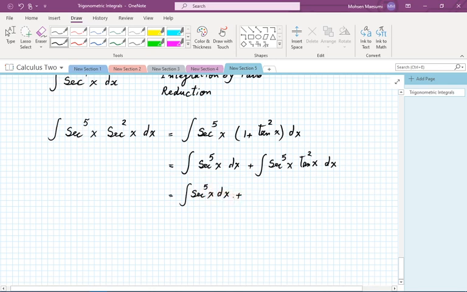Now, secant tangent, we take u just like what we did for the secant cube. We take u to be, let's see, what should I write? I take it to be tangent of x. So let me write it here maybe. So let's separate that problem. Secant to power of 5 of x, tan square of x dx.